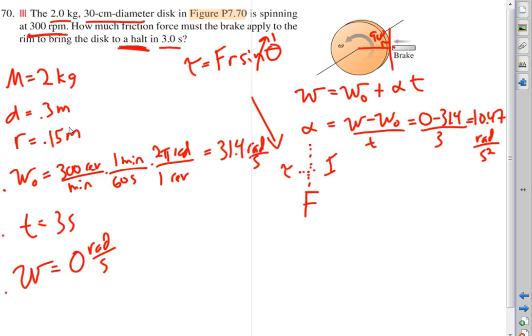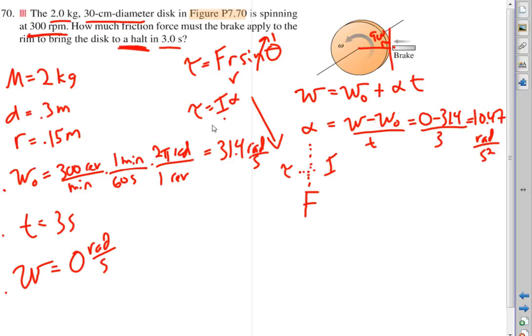We don't know the force, but we do know the radius, 0.15. Then there was another concept here, the moment of inertia, and we have a formula for that. Torque equals I alpha, or a slight variation on the formula: alpha equals torque divided by moment of inertia.